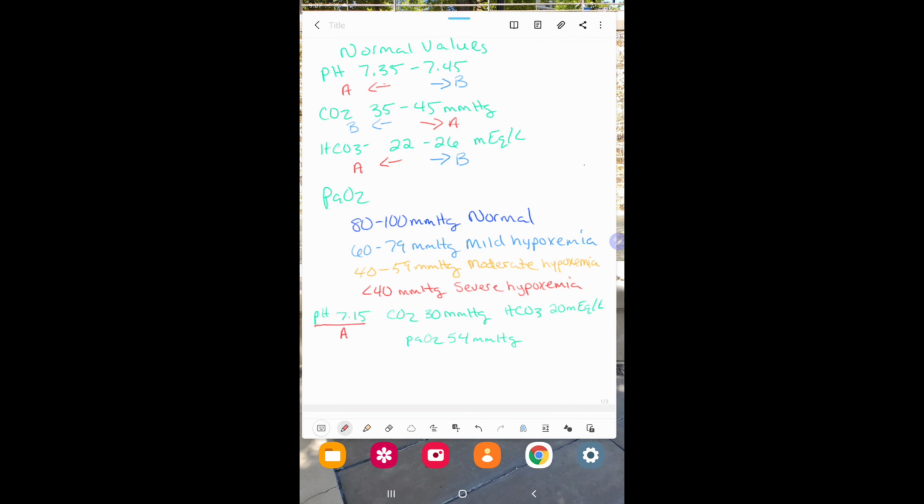So looking back at the ABG, your pH, CO2, and HCO3, your pH is an acid. So what is making it an acid? So you're going to look at the other two numbers. Which one matches an acid? It's your bicarbs. Okay? So anytime you have bicarbs, it's a metabolic issue.